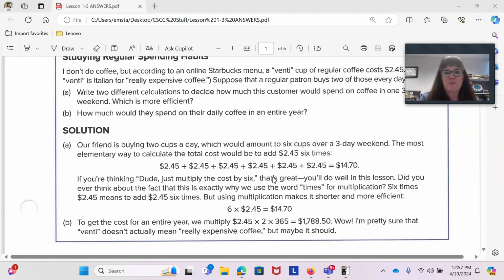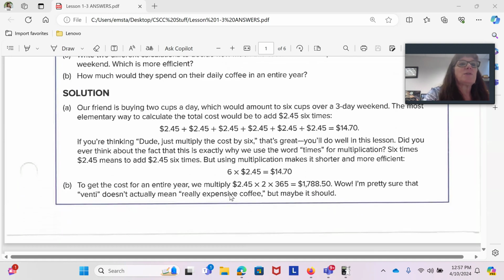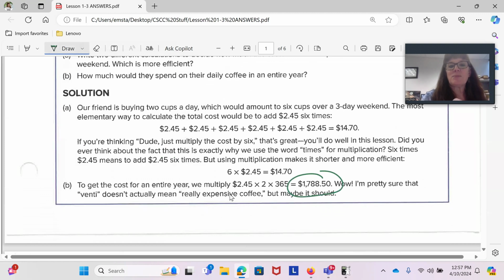This solution has worked out for you already. They do calculate the one for the entire year, and we're going to circle that because we are going to need to reference that on the next page. So if you bought 2 cups of coffee every day for 365 days a year at $2.45 a cup, your total you spend for the year would be $1,788.50.